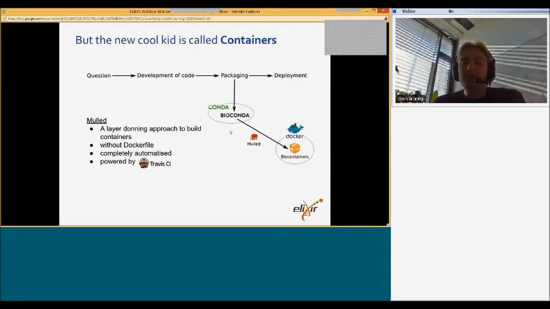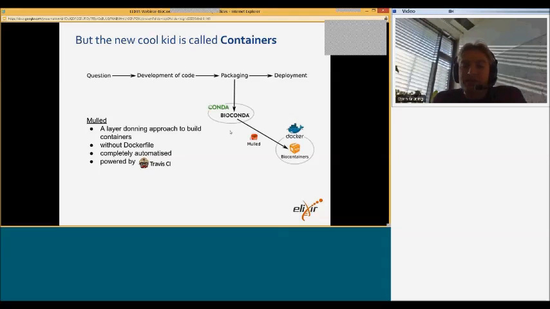So what we did is we developed a new approach of how to develop containers, which we called MULLED, which is a layer donning approach to construct containers. So you don't need to write any Docker file. You more or less convert Bioconda packages to Docker containers. And this works in a very efficient way. So for example, if your bedtools binary is 10 megabytes, the resulting container which we will create with this technique is 11 megabytes in size.